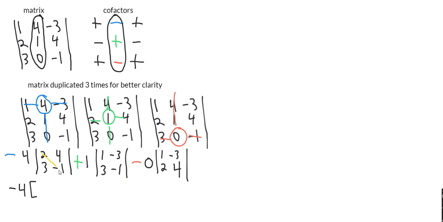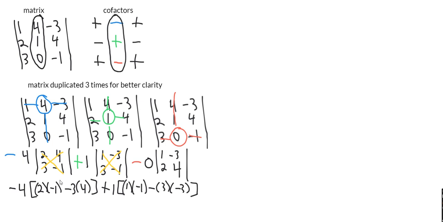Okay, so 2 times negative 1 minus 3 times 4, plus 1 times negative 1 minus 3 times negative 3.